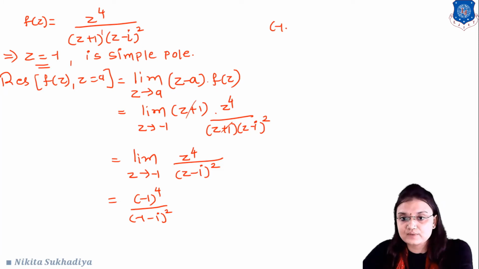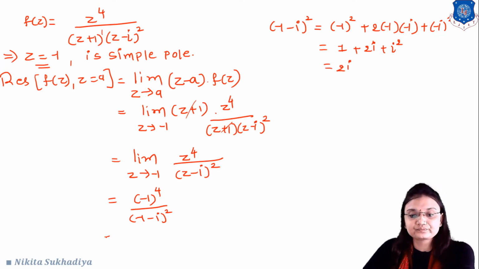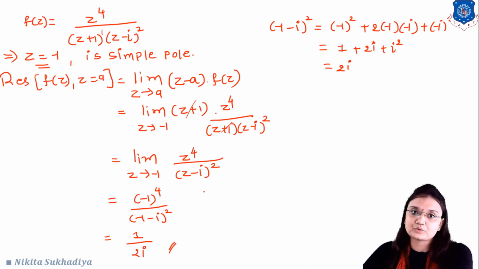Using a square plus 2ab plus b square, this becomes 1 plus 2i plus i square. Since i square is equal to minus 1, this becomes 2i. So minus 1 raised to 4 is 1, and (minus 1 minus i) whole square is 2i. So the answer for the point z is equal to minus 1 is 1 upon 2i.